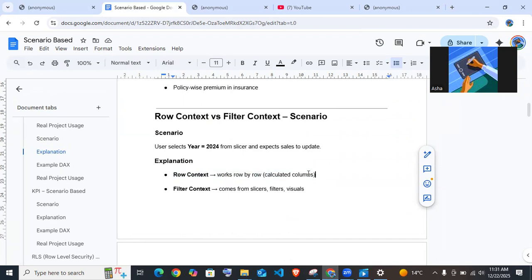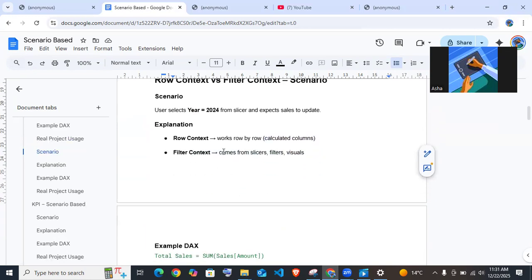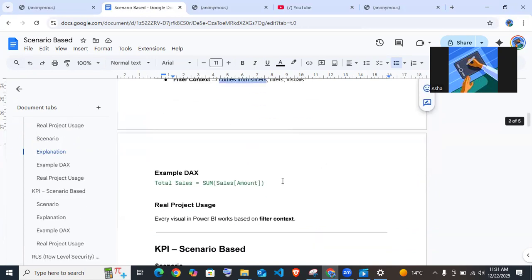Like that, for example, I have a sales data and I have a cost of the products, and I wanted to see profit. So that profit I will see row by row with help of the calculate function. Filter context, that I explained, come from slicer, filter or visual levels.